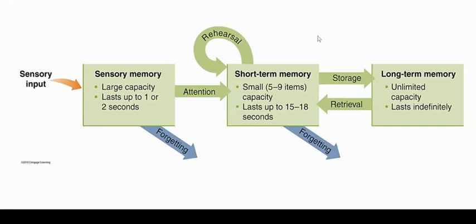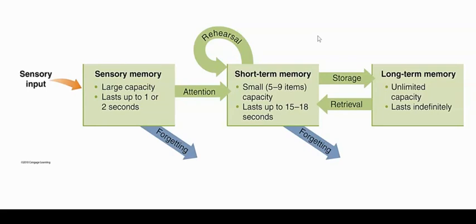So we can retain that amount of information. In my experiments, I also replicated that, and I don't know why it's like that, but it's really a highly replicated phenomenon. 7 plus minus 2 chunks of information.